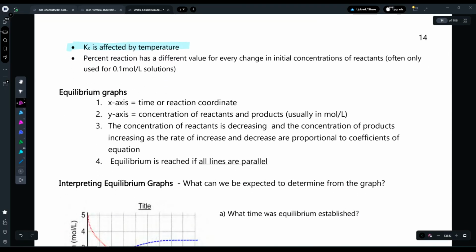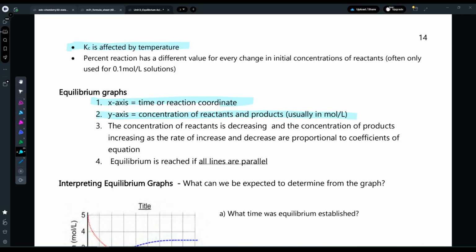All right, so equilibrium graphs. On your x-axis, that's always going to be time, or you could call it the reaction coordinate. On your y-axis, you're going to have your concentration of reactants and products, which are usually going to be in moles per liter.